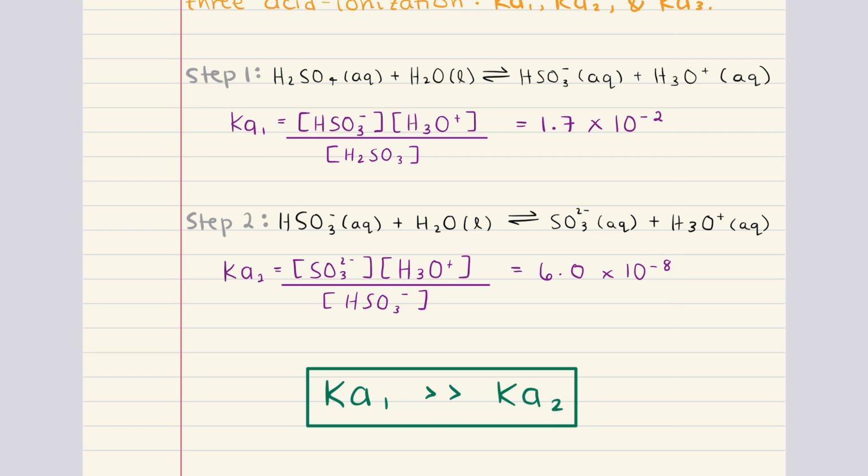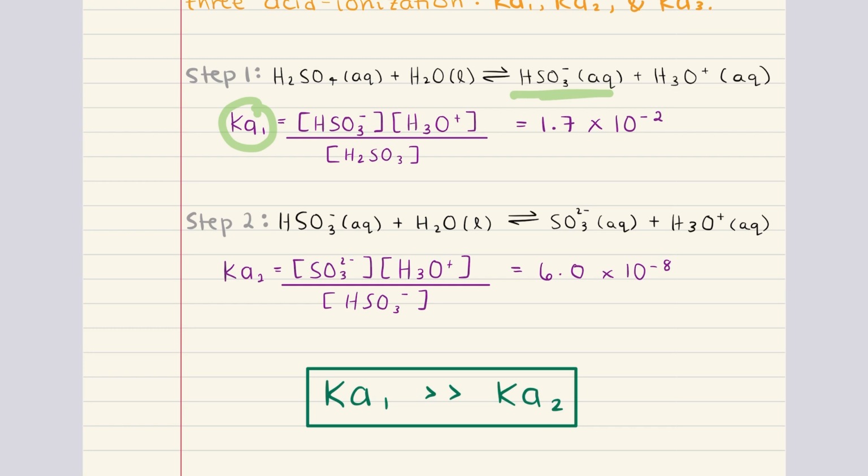So in our first step, the first ionization of sulfurous acid occurs when it loses its first proton, forming hydrogen sulfite ion. The strength of this ionization is described by the dissociation constant Ka1, and that is equal to 1.7 times 10 to the minus 2 for this particular reaction.